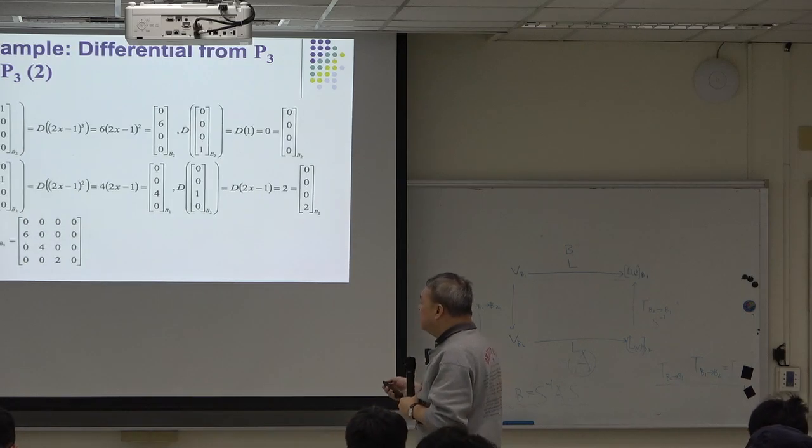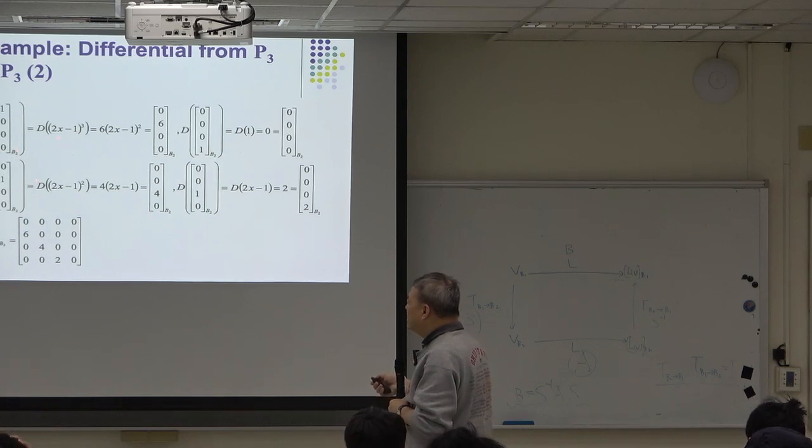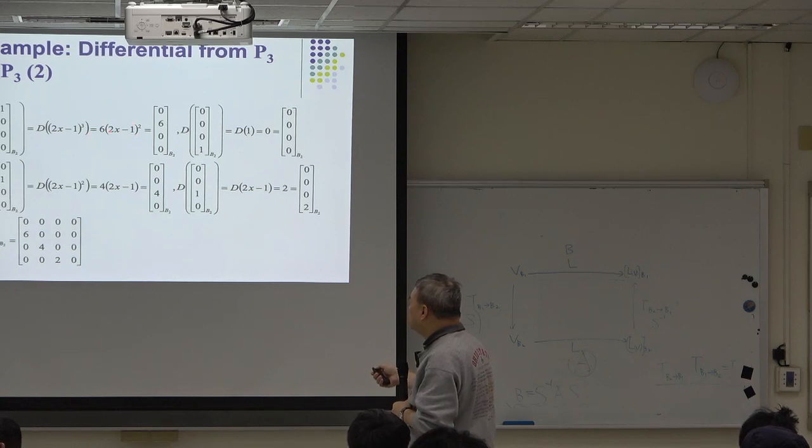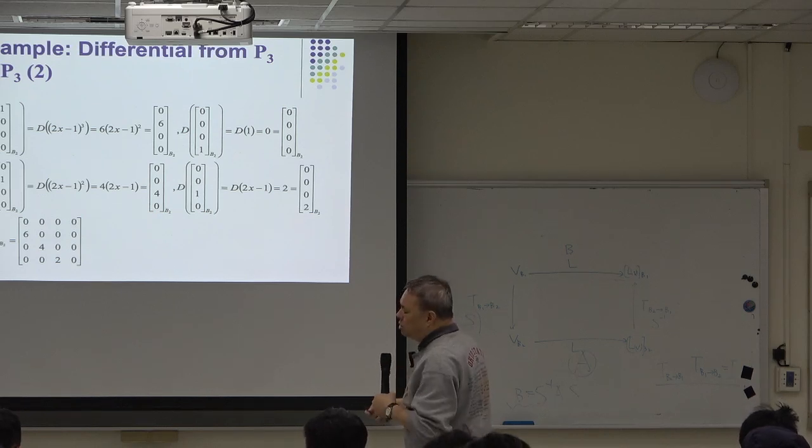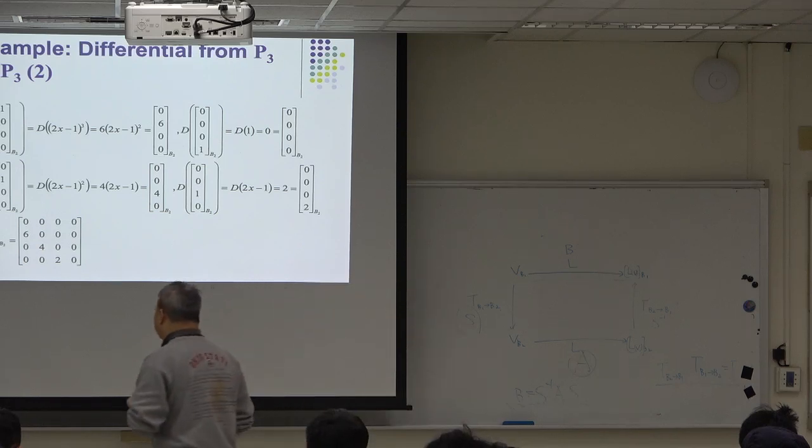The next one is a little bit complicated because you need to differentiate this one. You get 6 times 2x minus 1 squared, because the 2x minus 1 squared is the second base. So it's 0 6 0 0. And then the 2x minus 1 squared differentiation is 4 times 2x minus 1, which happens to be another base vector.